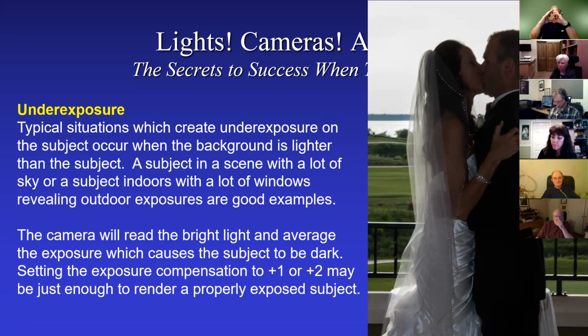So remember what's going to happen. Here's your lens, right? It sees that bright background and it closes down because it thinks it's bright. And it gives you the result of what it thinks is the proper exposure. But you're going to tell your camera, look, I know you think that's correct, but I need you to open up 1 or 2 or 3 stops, depending on how you set it, because I know you're looking at an exceptionally bright background and I don't want you to base your exposure off of that.